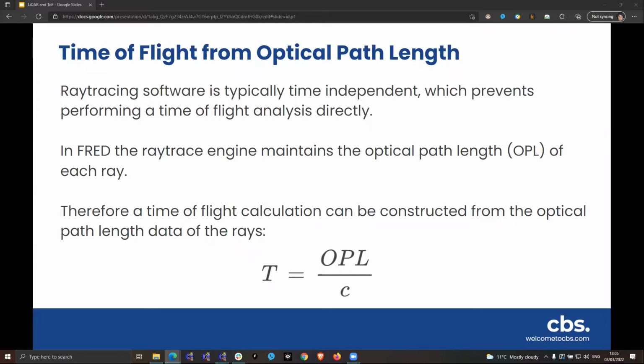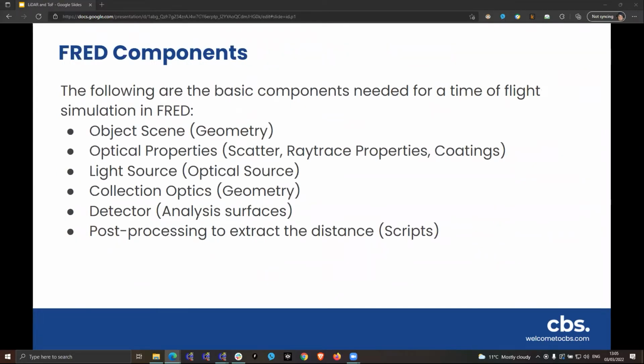So in terms of a basic FRED model to look at a time of flight system, we need the following things, really. So we need an object scene. That's the items that we want to take some distance measurements of. And that takes the form of some geometry in terms of the things that we need in our object tree. We also need some optical properties.